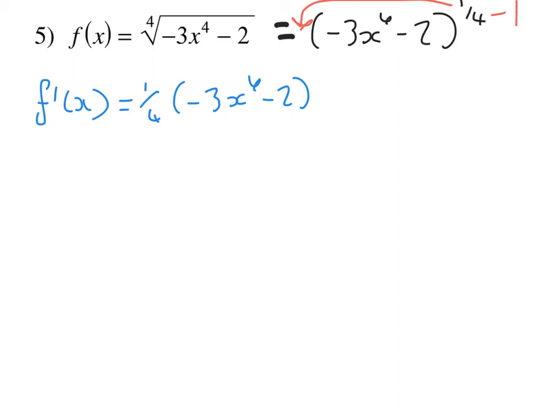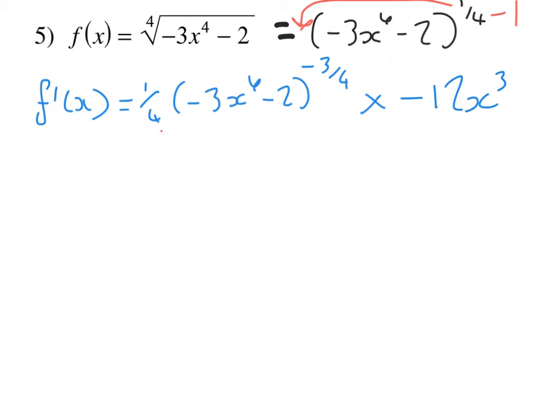And a quarter minus 1 is going to be minus 3/4. And that's going to be multiplied by the derivative of what's inside my bracket. And the derivative of minus 3x to the power of 4 is going to be minus 12x to the power of 3.